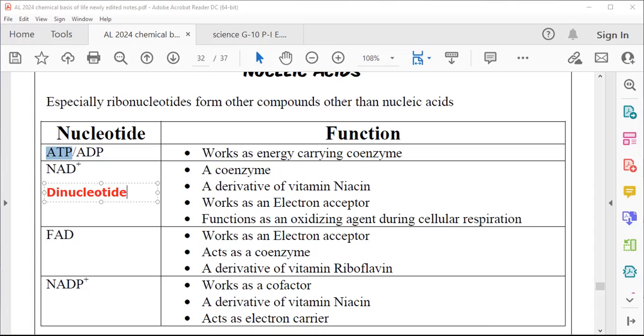FAD is a dinucleotide. NADP plus is also a dinucleotide. If you put all these three in brackets and say dinucleotide, I am okay. Clear? Yes, sir.